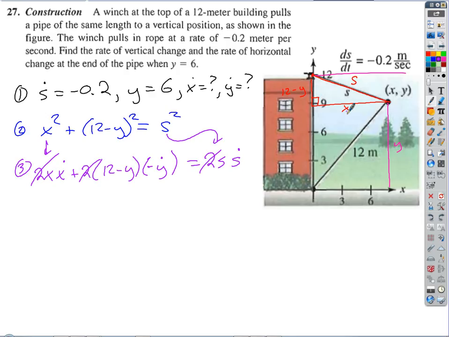What else do we know? How can I write an expression for s then, or for x is what I'm saying?